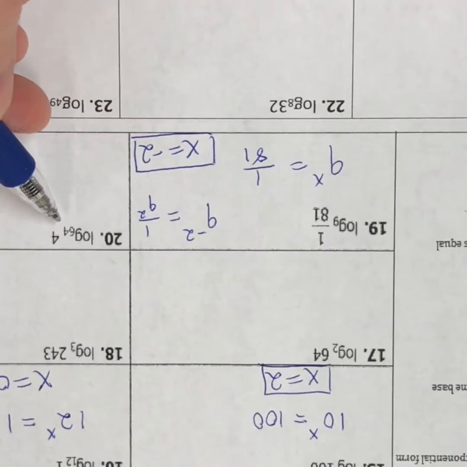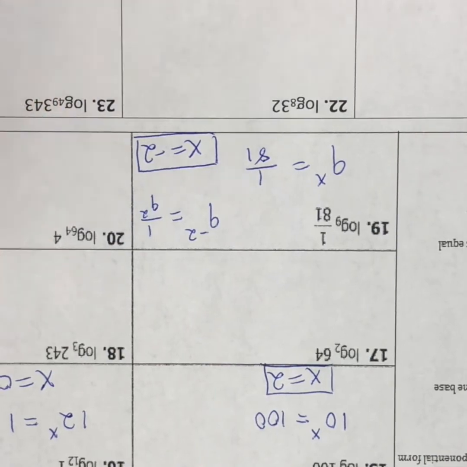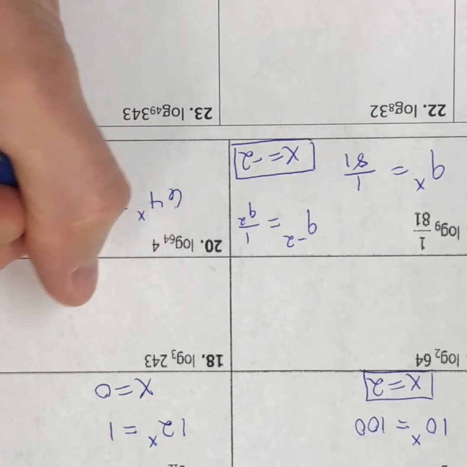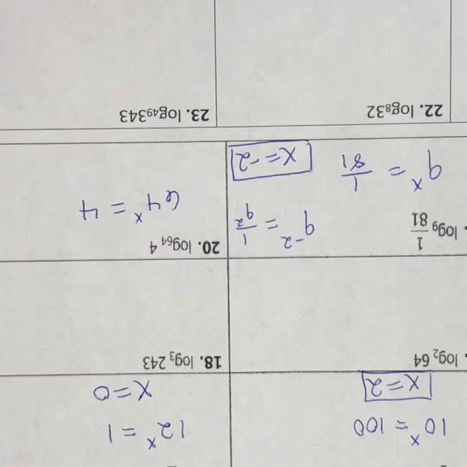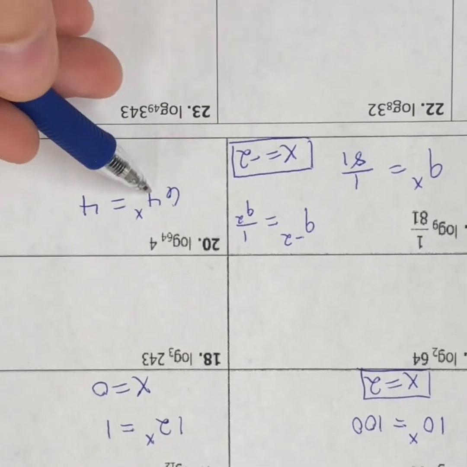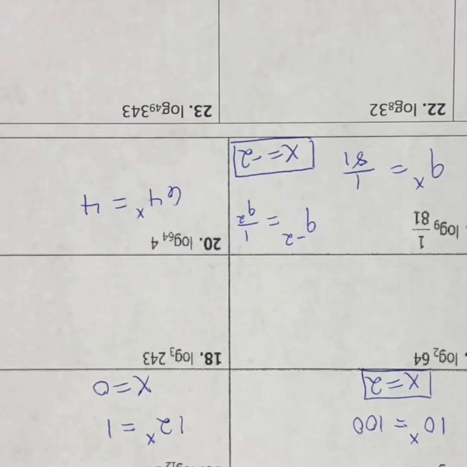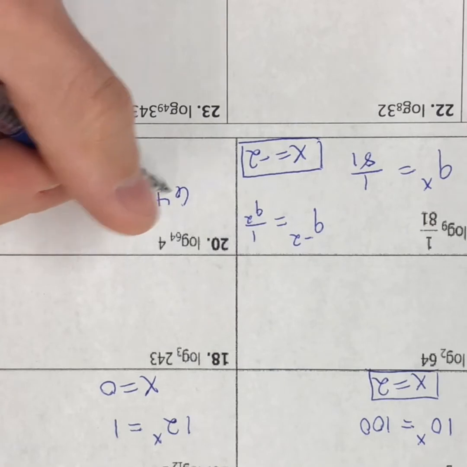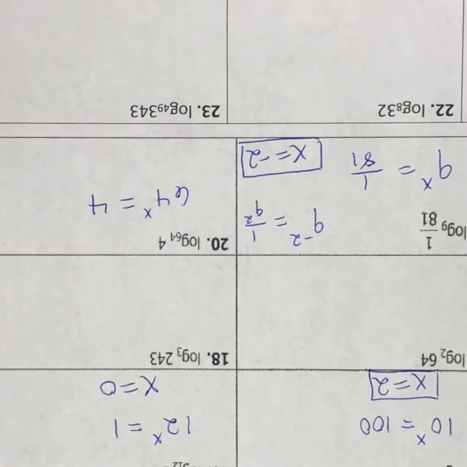Okay, and last but not least, when you are trying to get a smaller number, in this case of example 20, 64 raised to what power equals 4? Well, if you think about how do we get a smaller number here, well, we're going to have to take some sort of a square root or a cube root, something of that nature. So if this was 8, we would say, well, the square root of 64 is 8, so x would equal 1/2.